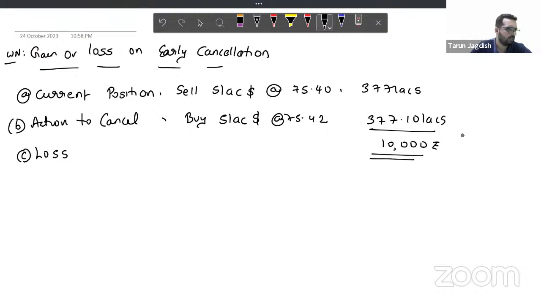Can you write down till here in your books? 10,000 or 1 lakh? 377 lakh 10,000, right? 10,000 only, right? Okay. All right, please write down this.